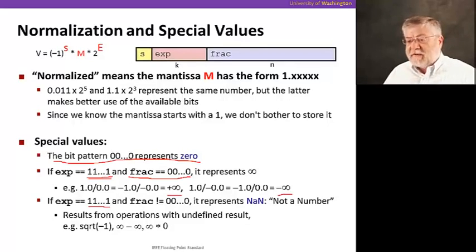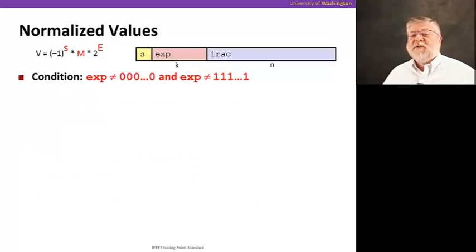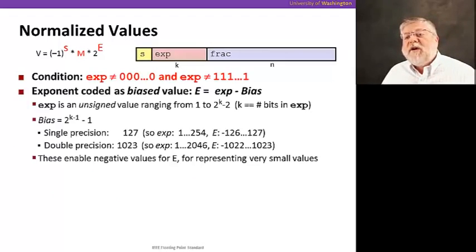So now let's turn our attention to how we deal with that exponent field. Since we can't use all zeros and all 1s because we need those for the special values, we're going to encode the exponent using a bias value.